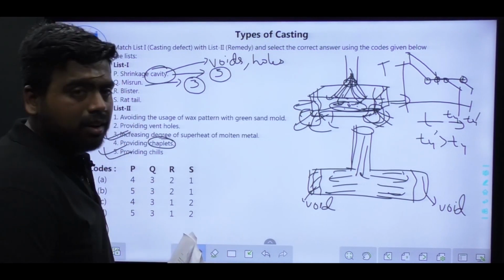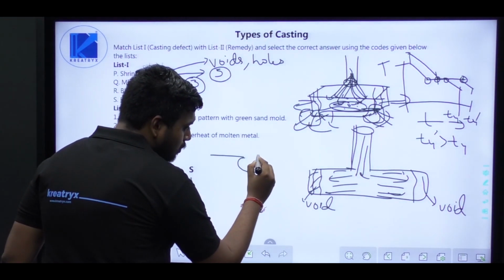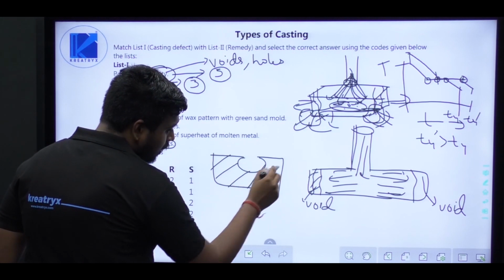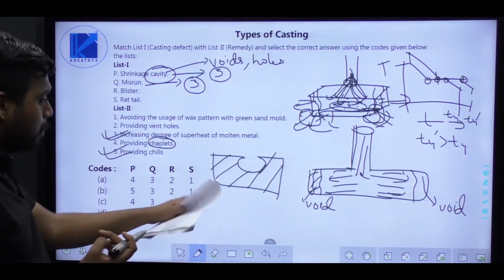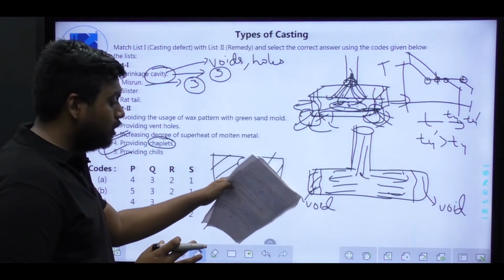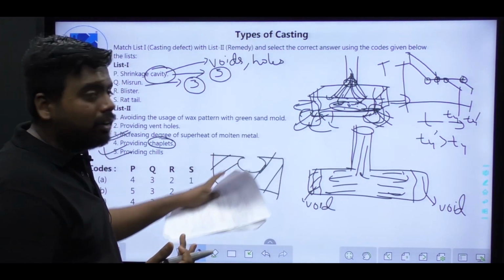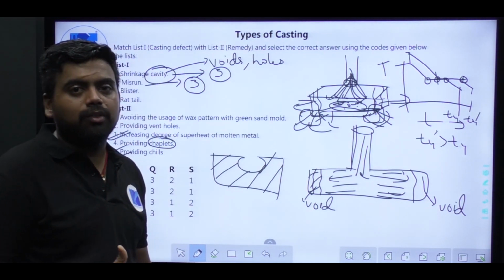Now blister. So what is blister? Before explaining blister, I will explain what a scab is. Basically, scab and blister are related to each other. What happens if we don't provide proper vent holes in the casting? Since we are using a green sand mold and it contains moisture, when the metal is poured, the green sand mold gets heated and the moisture starts to evaporate.